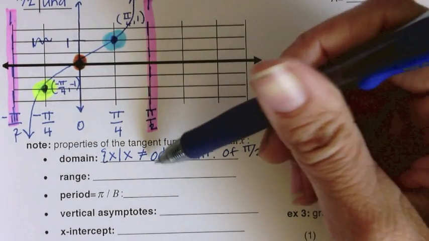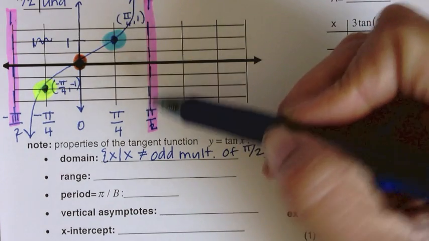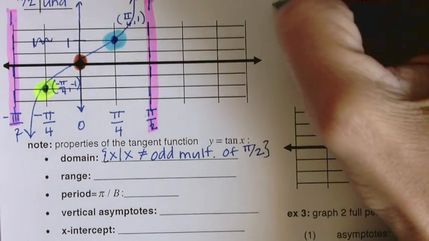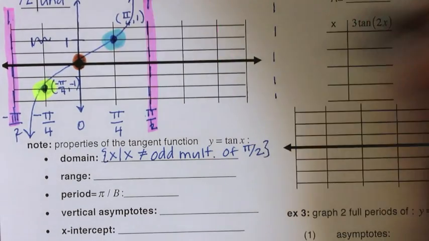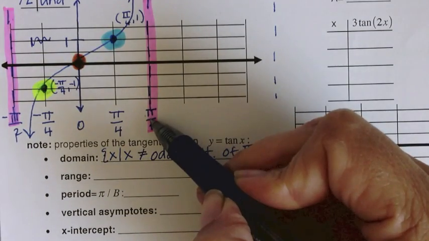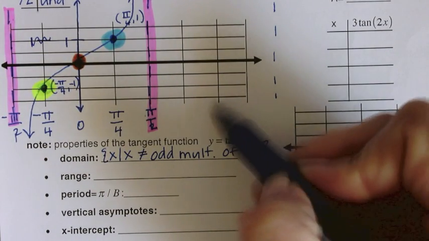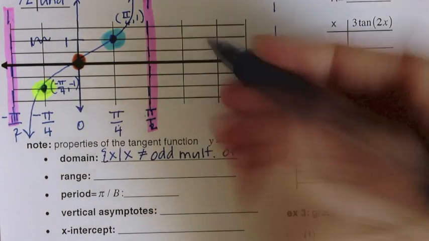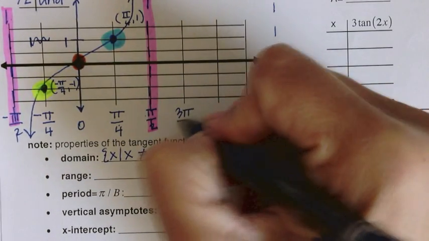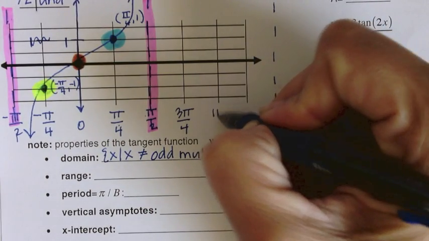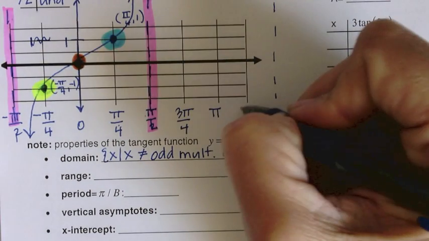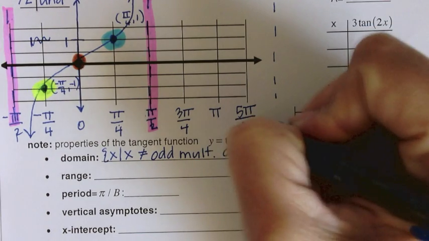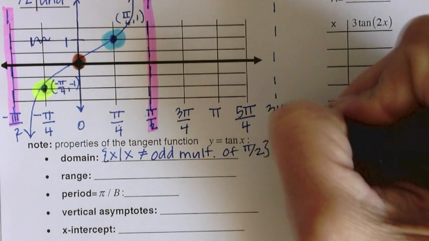And the reason why we say odd multiples of pi over 2 is because this is 1 pi over 2 right here. My next asymptote would actually be way over here. So actually I'll do it this way. This is 1/4, this is 2/4, this is 3/4. This would be 4/4, which reduces to pi. This would be 5/4. And then this would be 6/4, which is 3 pi over 2.